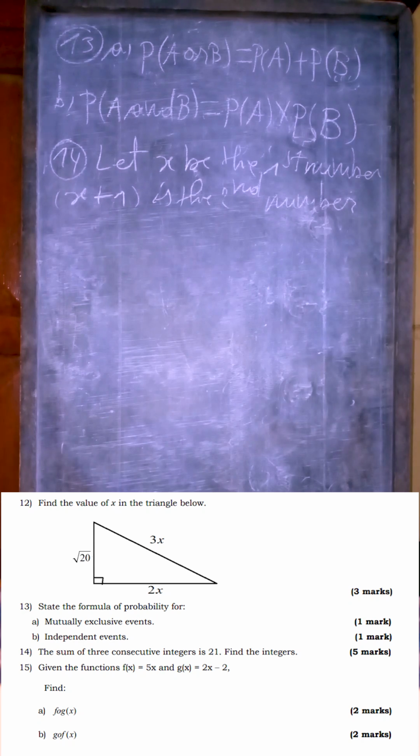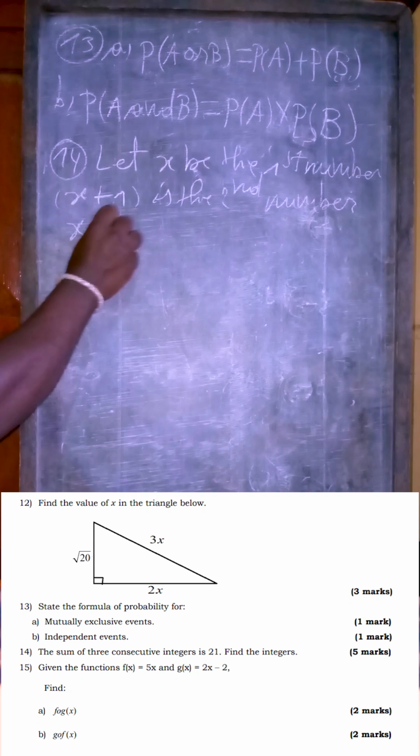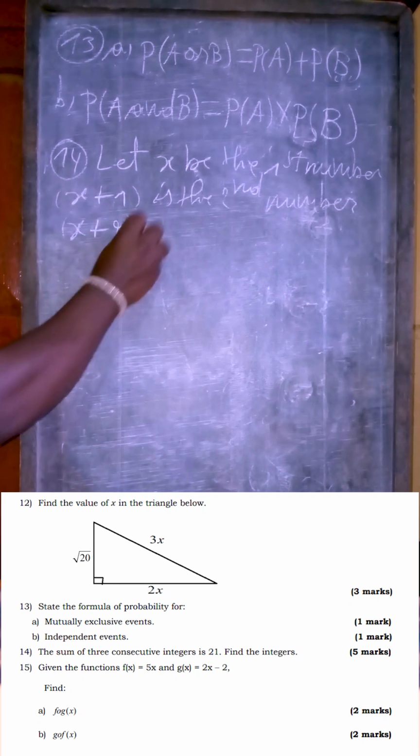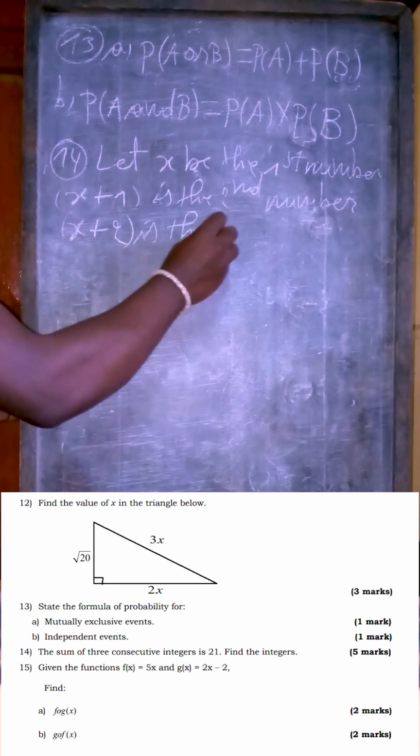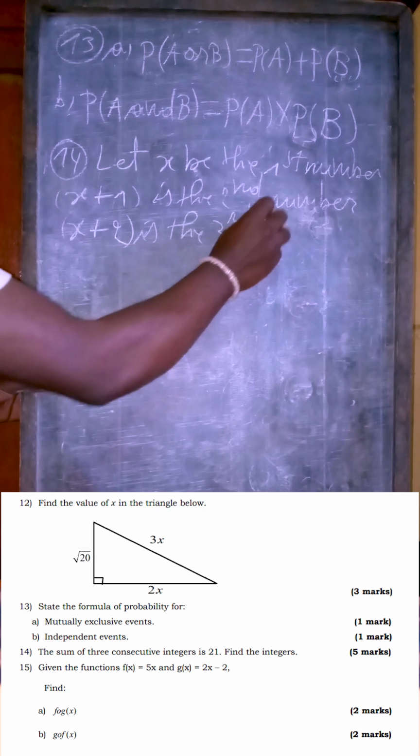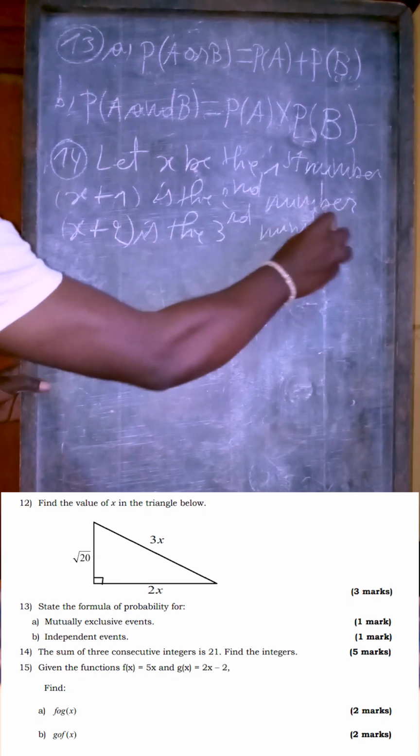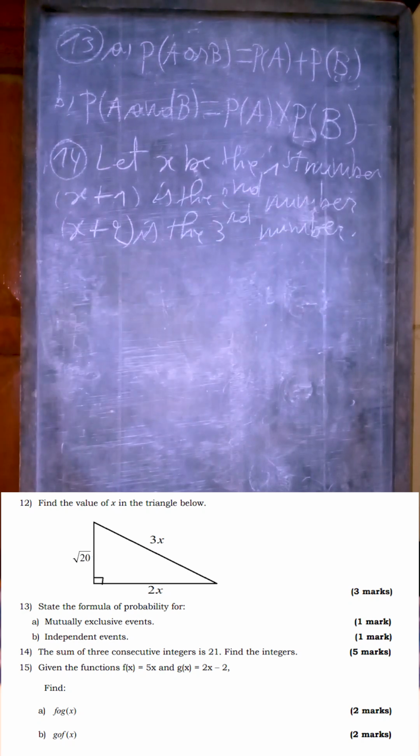And we need the third number because we are asked for three consecutive numbers. The third number is x plus 2. After this, the sum of all three numbers is 21.